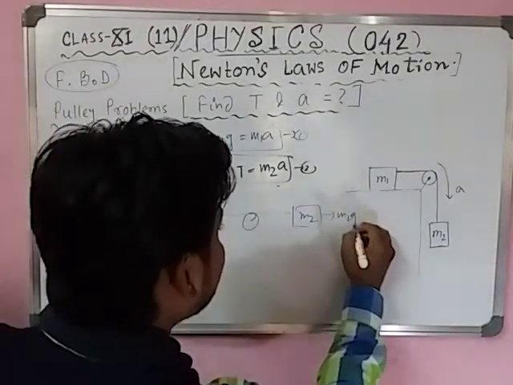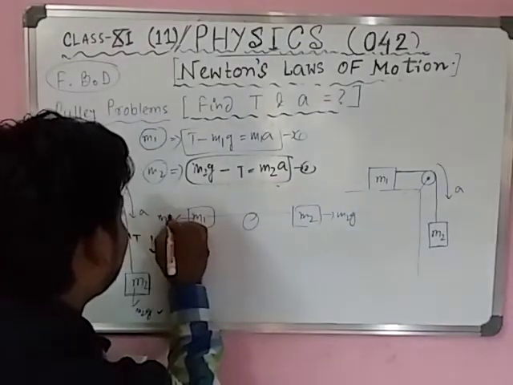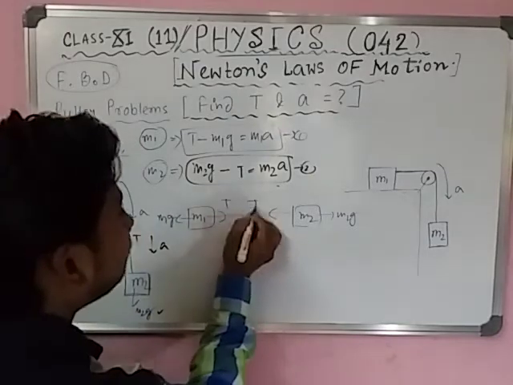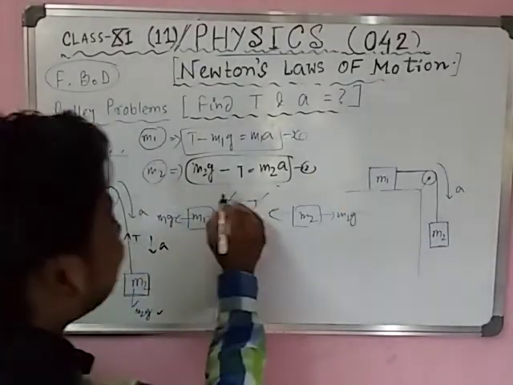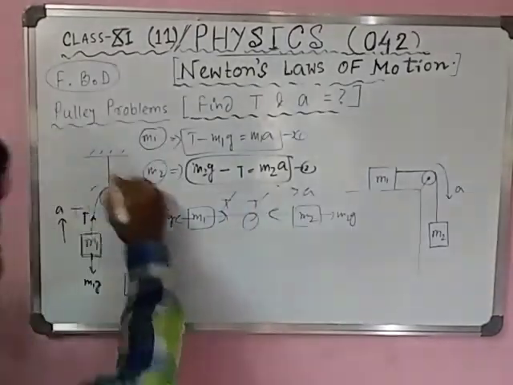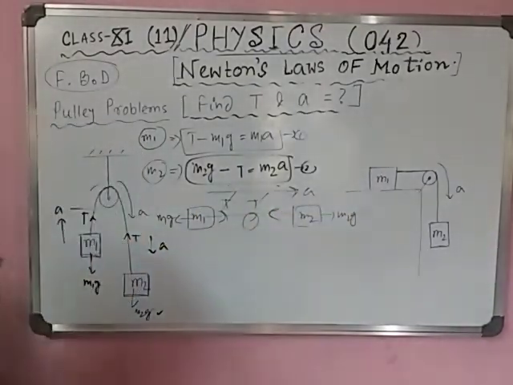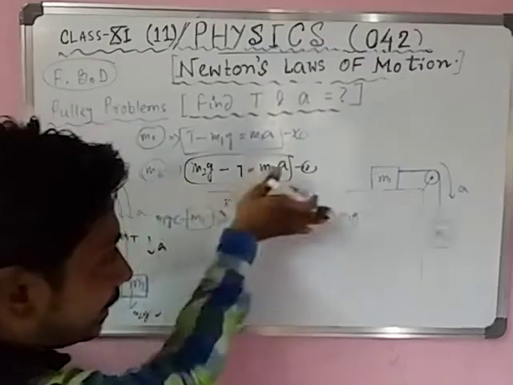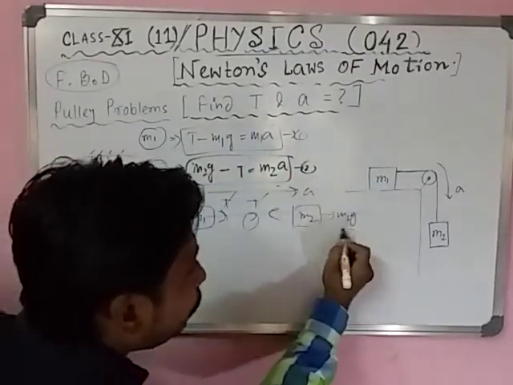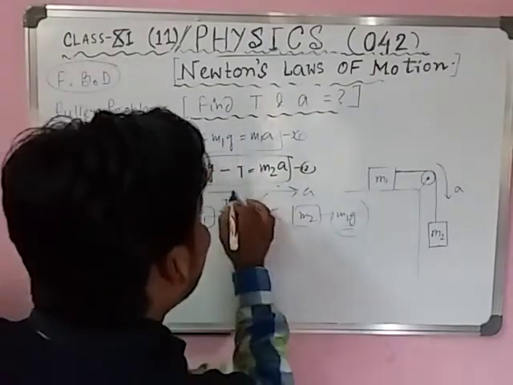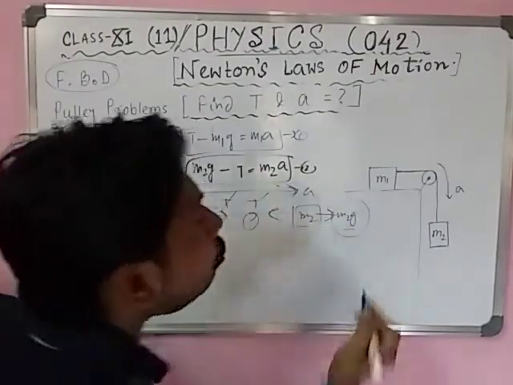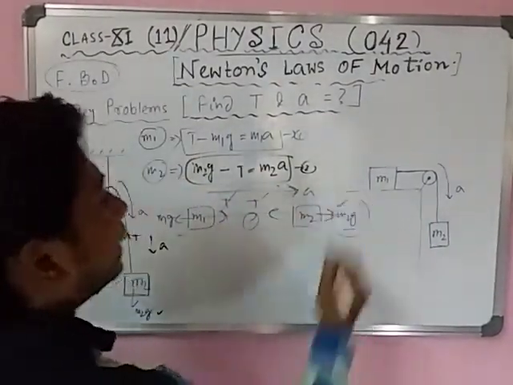So m2g here, m1g here, and the tension on both sides cancels out, equal and opposite. So the acceleration direction is this direction, in the direction of m2. Which one is greater, m2 or m1? Yes students, m2 is greater, because the direction of acceleration is the same as m2.